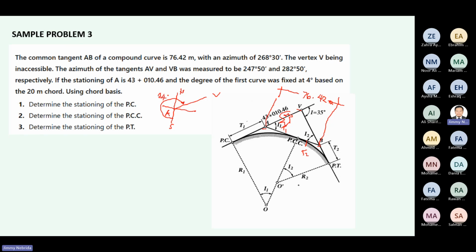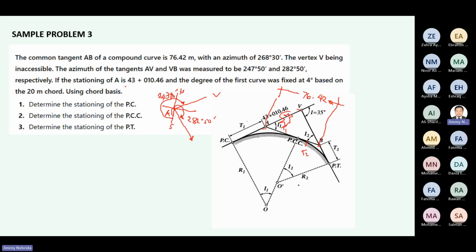You have to check the location. Going here, the 3/4 makes 270, so you are correct. This is 247. Now the other one, VB, the azimuth is 282. It's going here. That's why it's correct. Going here up to here is 282.